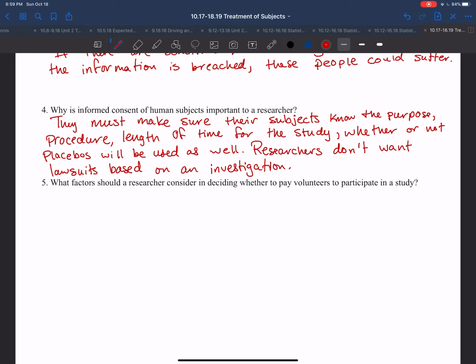So we can say it is legal to pay volunteers for research participation.